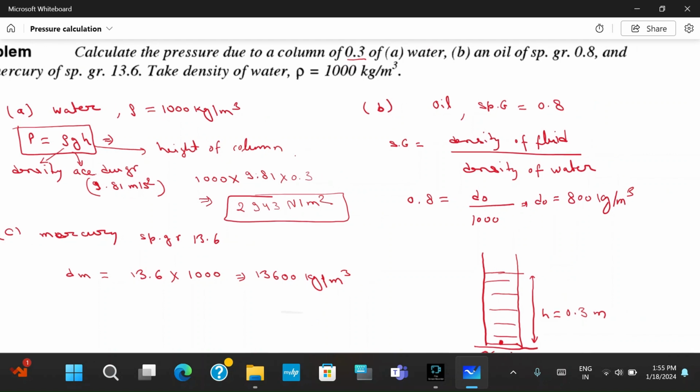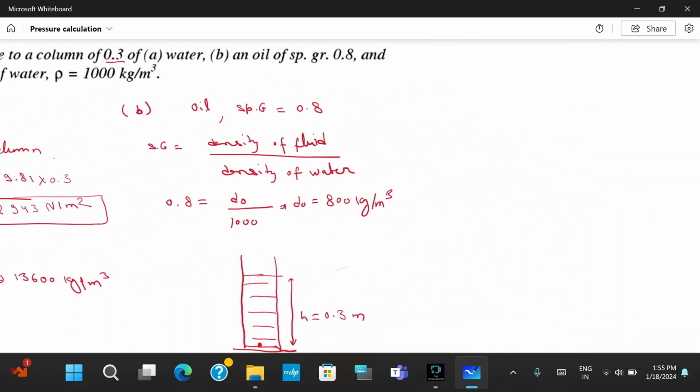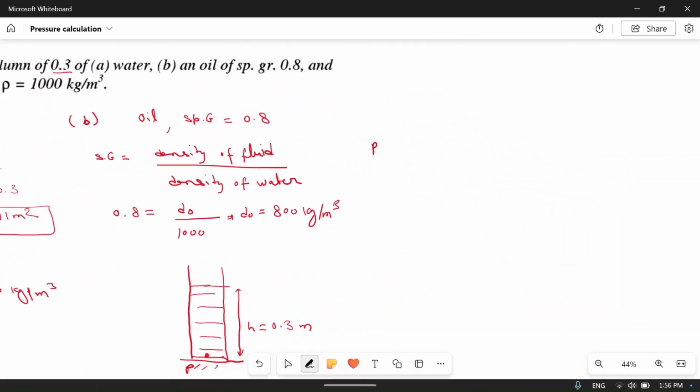Now for oil, what will be the pressure? For oil, pressure will be rho g h. Density of oil is 800 into acceleration due to gravity 9.81 into height 0.3. If you multiply these three, you will get 2354 Newton per meter square.